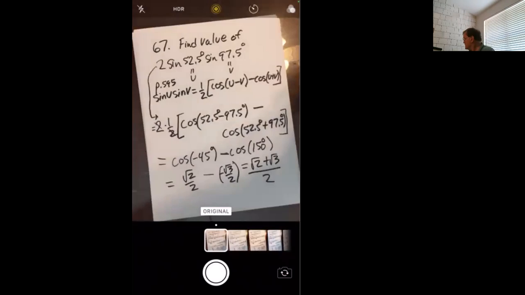That's 7.2. 7.3. Here we are. Went through 81.